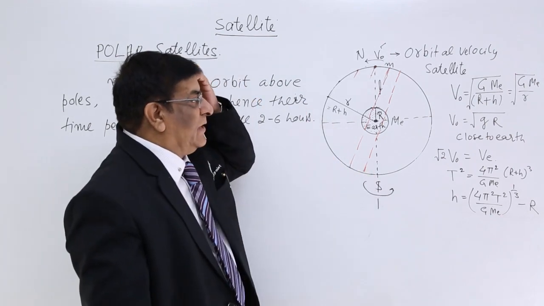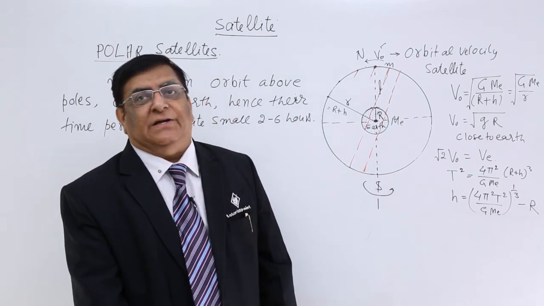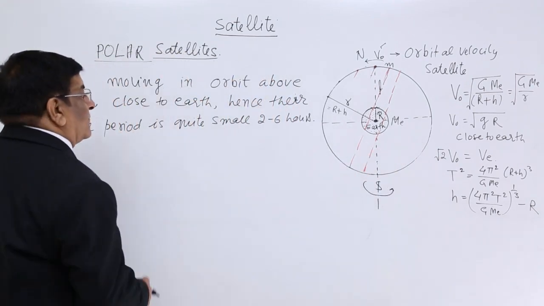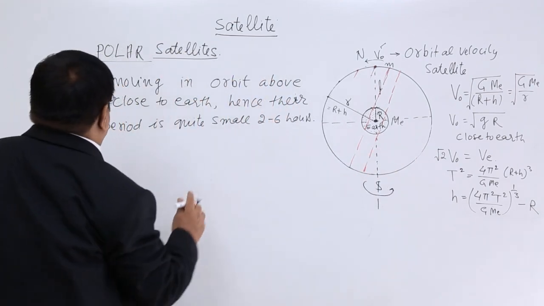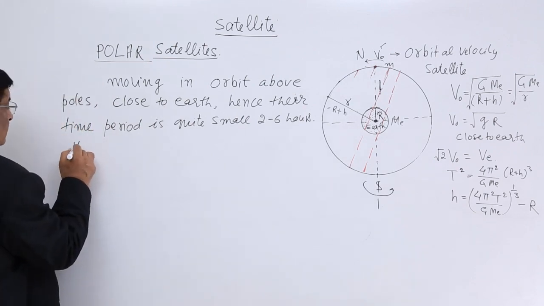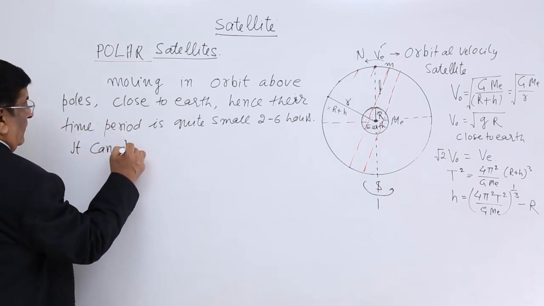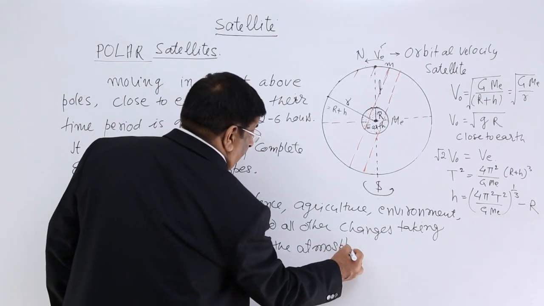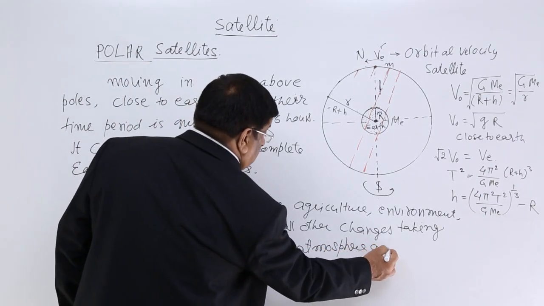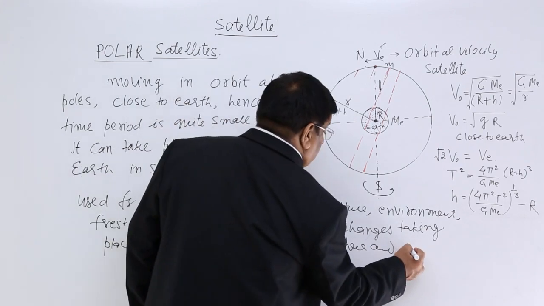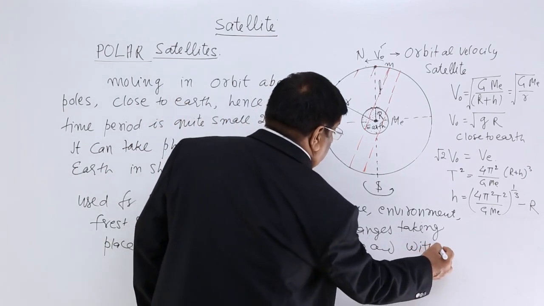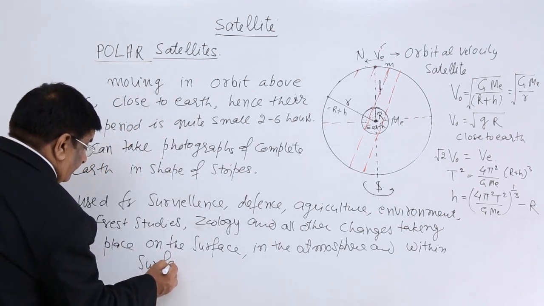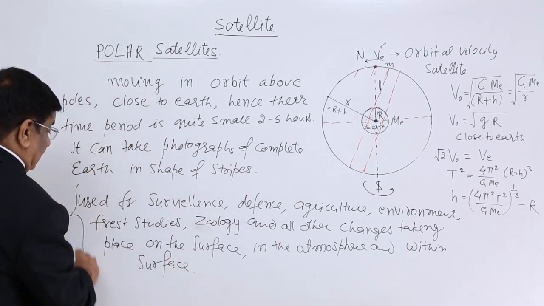So there are so many fields we are going to use these photographs for. In 2 to 6 hours, it can take photographs of the complete Earth in the shape of strips, used for surveillance, defense, agriculture, environment, forest studies, zoology, and all other changes.